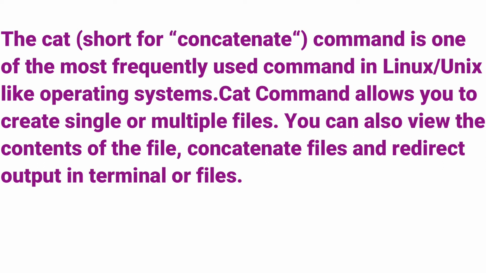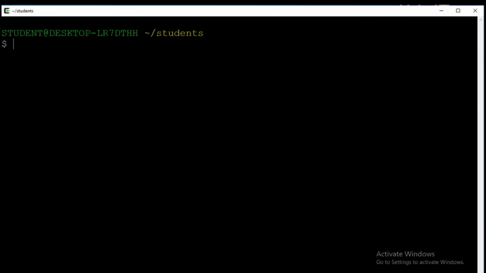It is one of the most frequently used commands in Linux or Unix-like operating systems. Basically, the cat command allows you to create single or multiple files. You can also view the contents of a file, concatenate files, and redirect output in the terminal or files. This is what the cat command does.